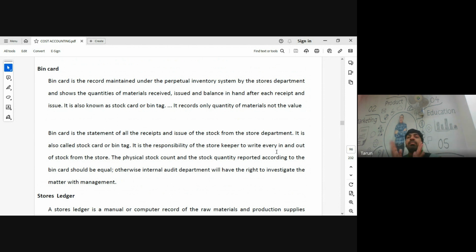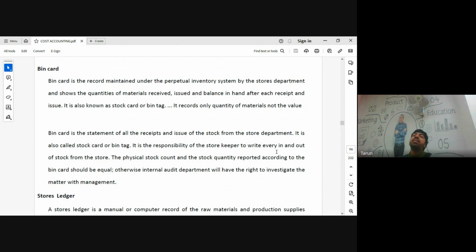The main purpose of this card is to record only the quantities of the material, not the values. Mostly what happens is that students assume the bin card has the value of the material involved as well. No. When you add the value of the materials, the concept of the bin card automatically becomes wrong.